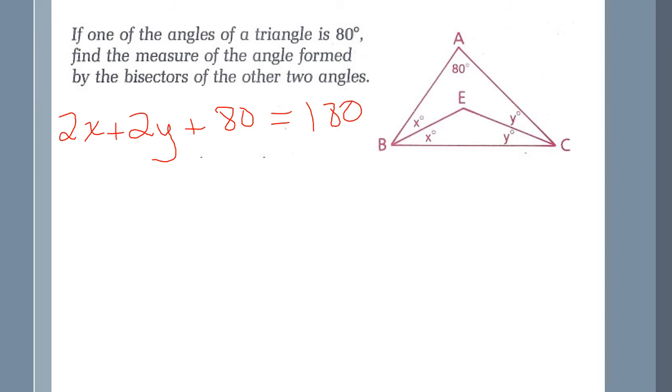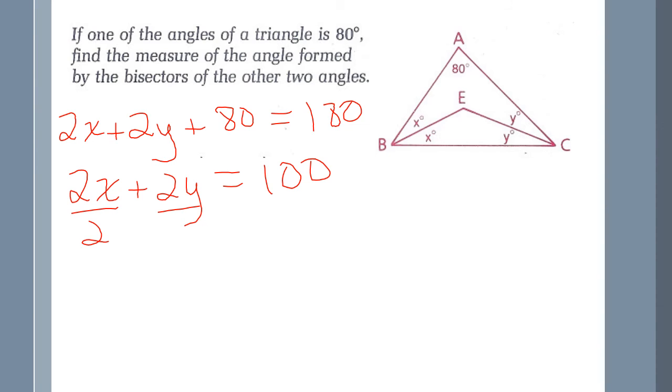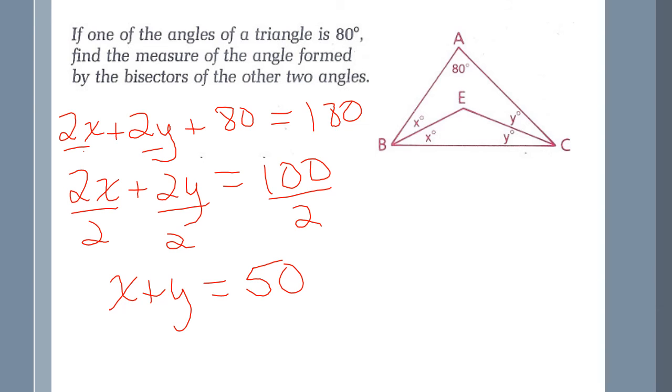So I can subtract 80 from each side, and I end up with 2x plus 2y equals 100. Divide everything here by 2, and you'll see x plus y equals 50. Now, in the first triangle, by the way, if you're wondering where I got 2x plus 2y from, this whole angle measures 2x, this whole angle measures 2y.